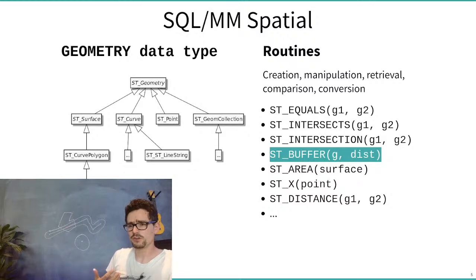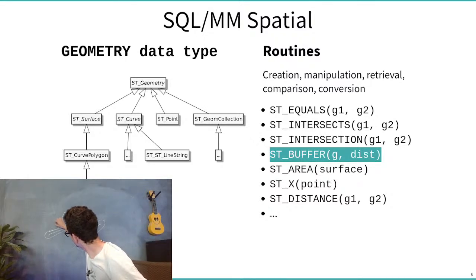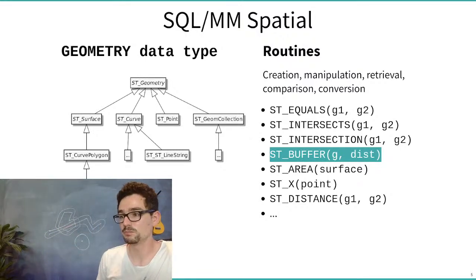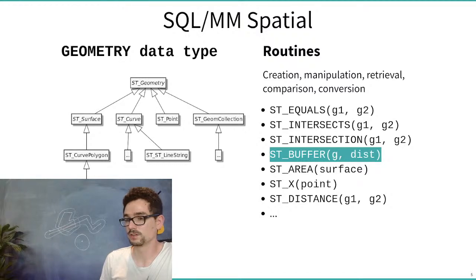And why is this my favorite function? Why is this useful? Tell me in the chat, why do I like the buffer function so much? For this polygon, it would compute also something around the polygon. It produces a buffer. This works for all geometric objects.